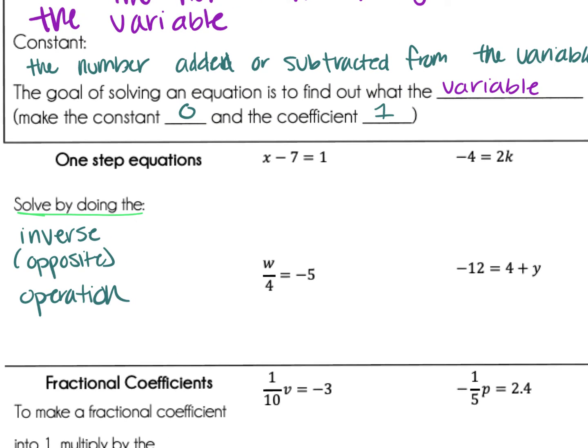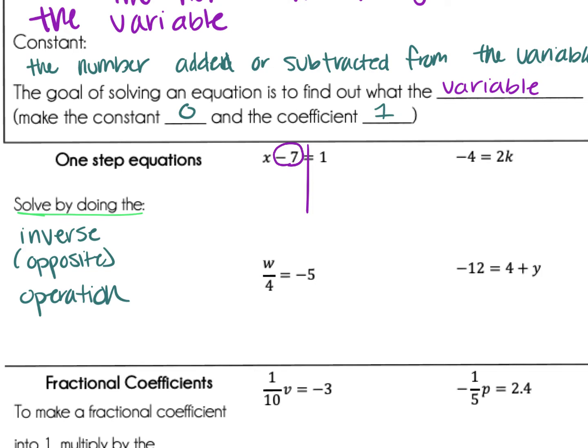All right, so I just put a line through the equal sign just to keep it organized. Okay, so our goal is to get x by itself. So I see that I am subtracting 7.